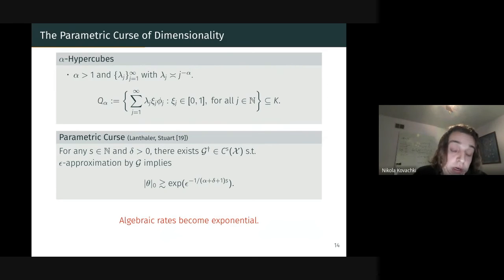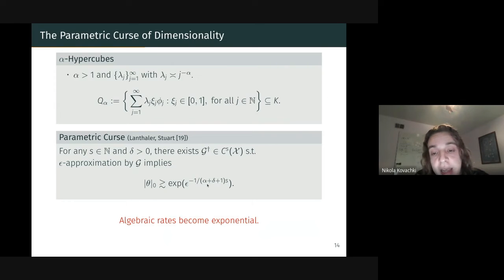Then one can show that even for a very smooth G dagger, so a G dagger which is S times Fréchet differentiable, there will exist one for which epsilon approximation by an architecture which I showed before has to have parameters which are lower bounded in a way that is exponential in epsilon.